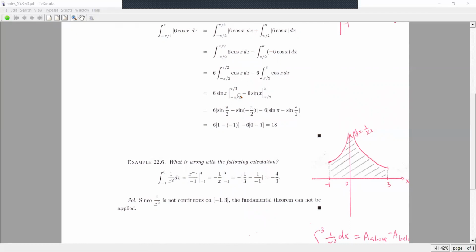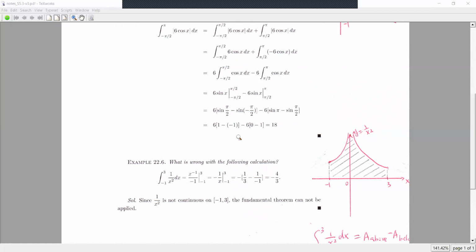Now, plug in the upper limit pi over 2 in x, plug in the lower limit negative pi over 2 in x, then we get this equation. Plug in pi in x, plug in pi over 2 in x. Then take the difference.